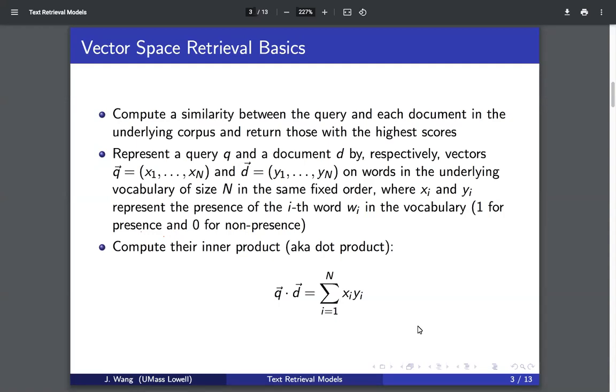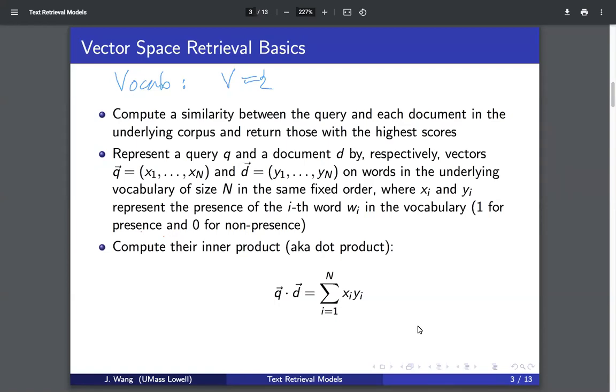In other words, what we are thinking here is that we have a vocabulary, for the underlying document. Let's say this is V. Then we are going to list all the words in lexicographical order.